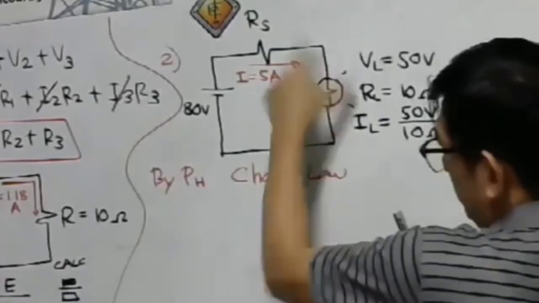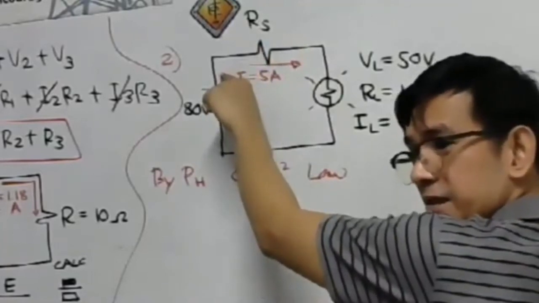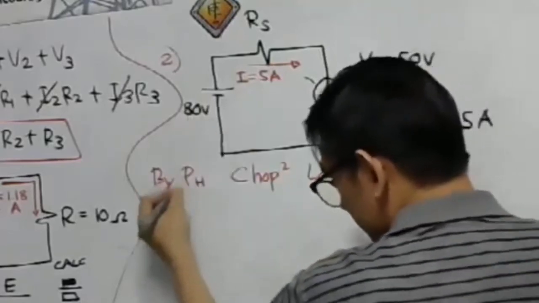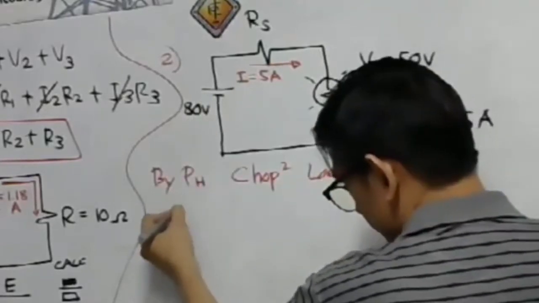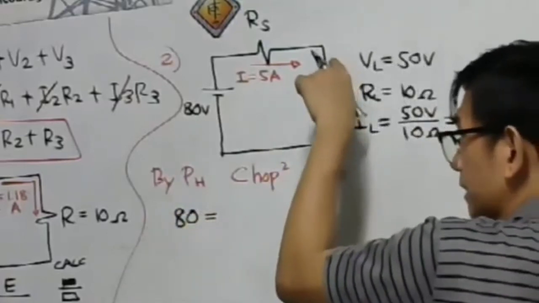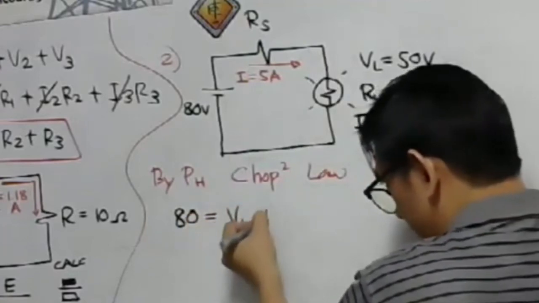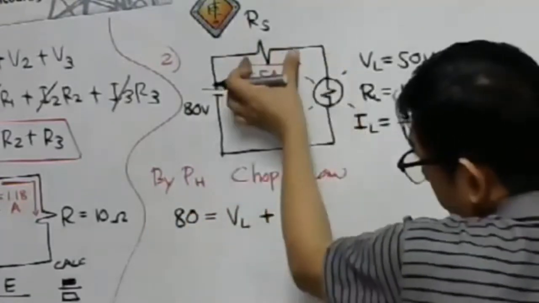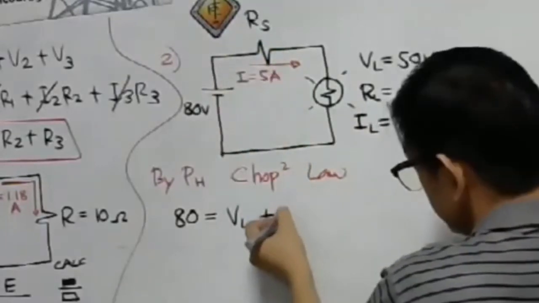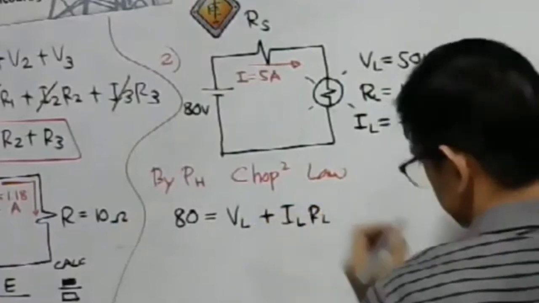The voltage here plus the voltage here is equal to the voltage here. Again, if we have a source voltage of 80 volts, that is equal to the voltage at the load or at the lamp, our VL, plus the voltage drop at the series resistance, which is ILRS.